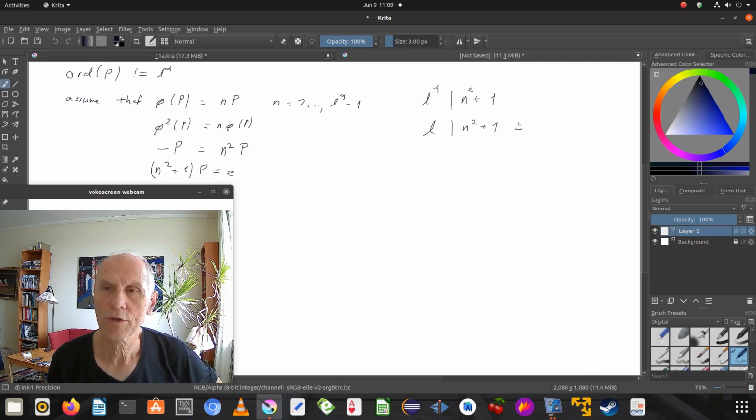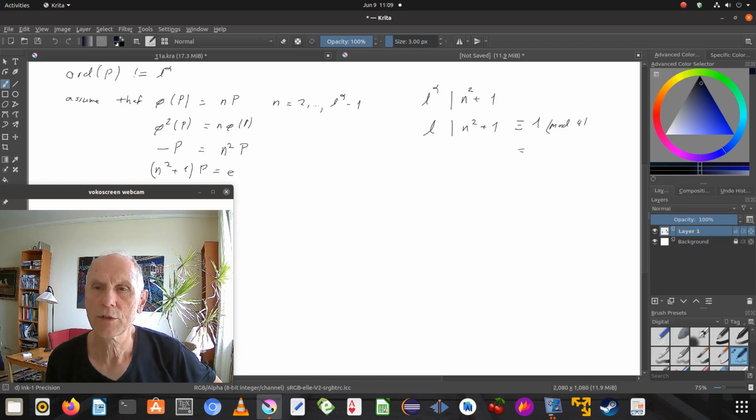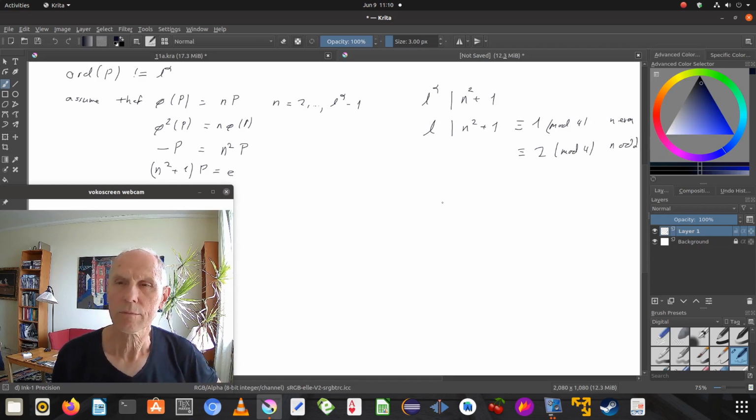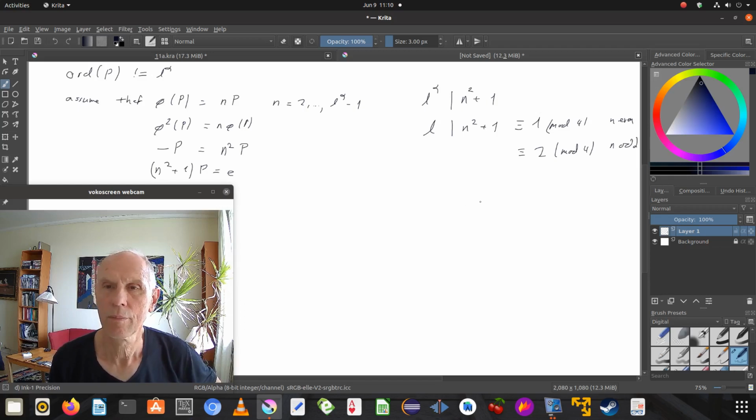This, of course, is congruent to 1 modulo 4 if n is even, and if n is odd, then it's congruent to 2 modulo 4. But the fact that it's even doesn't really matter. L should be able to divide it anyway.